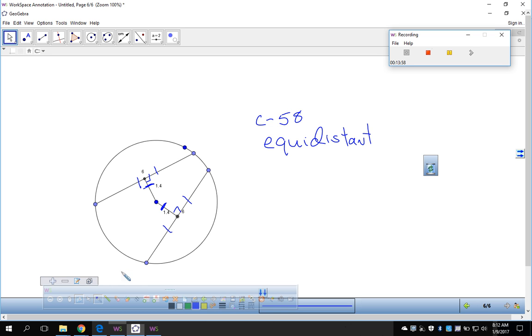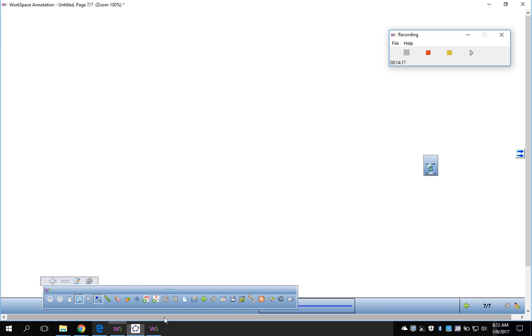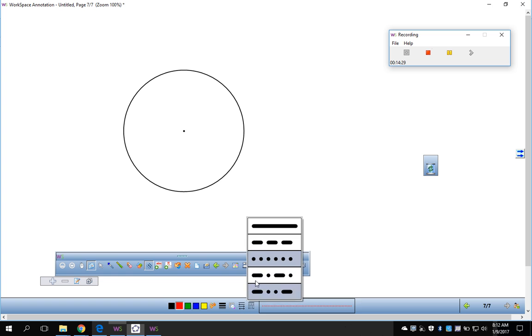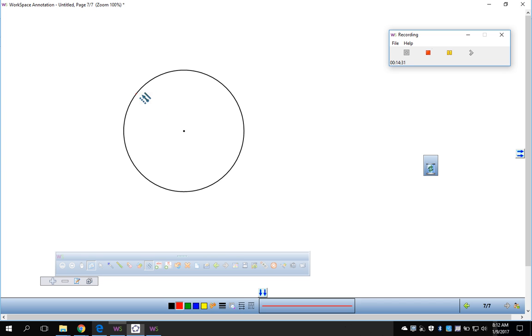I think now let's just do a couple more example problems that I want to show you, things you might see in your homework. So one type of homework problem you might see is where you have a circle and then you have a chord here and a chord here, and they tell you, even though it doesn't look like it, that this is 150 degrees from here to here.